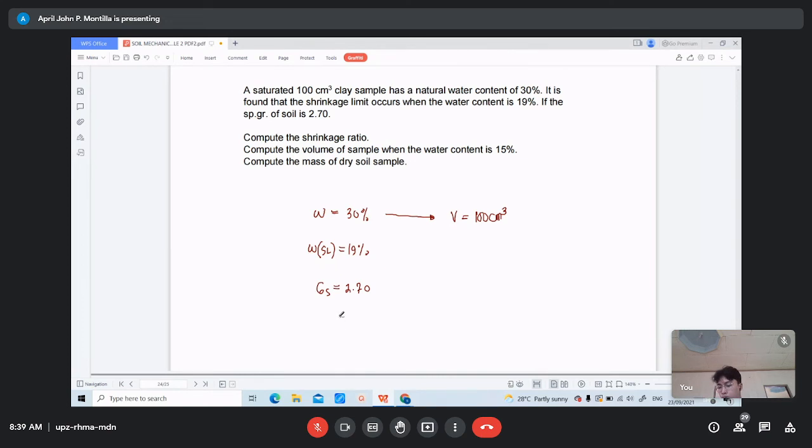M2 over V2, tapos density of water. Ito yung hinahanap. Do you have M2? Do you have V2? Initial conditions yung mga yan. So this is omega 1, initial moisture content, and this is initial volume.